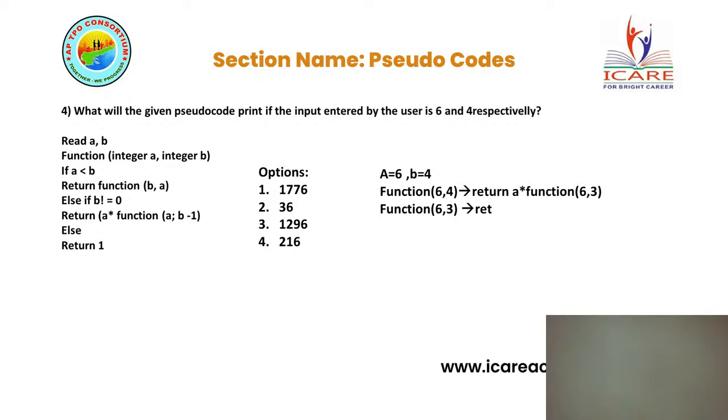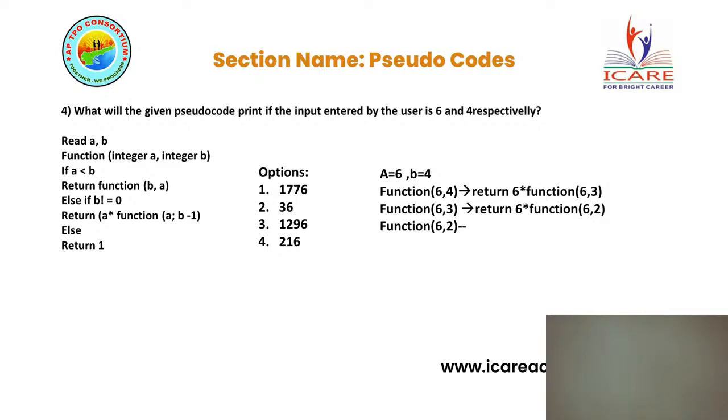And again we are returning a, whose value is 6 as in the previous call, into function of a comma b minus 1. Again we call the function with a value 6, 6 comma b minus 1, so 3 minus 1 is 2. So we are getting the parameters 6 comma 2.